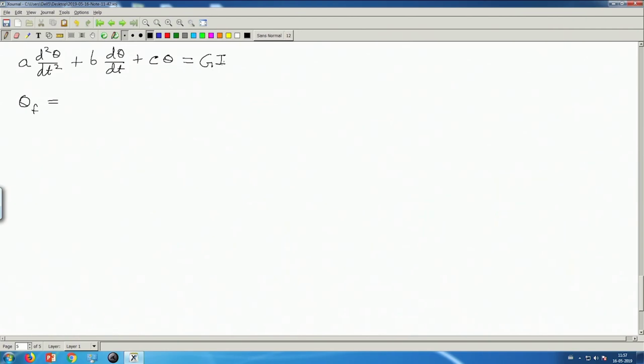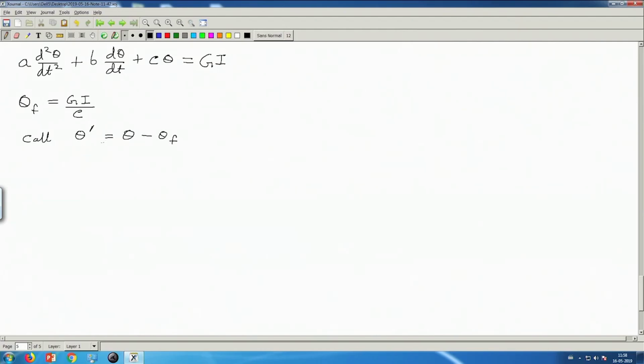So, c theta f will be equal to g I. So, we will have g I by c, this will be the value of theta f, final value of theta. Okay. Now, I will subtract this theta f from theta. So, let me call the new variable theta prime, which is equal to theta minus theta f.